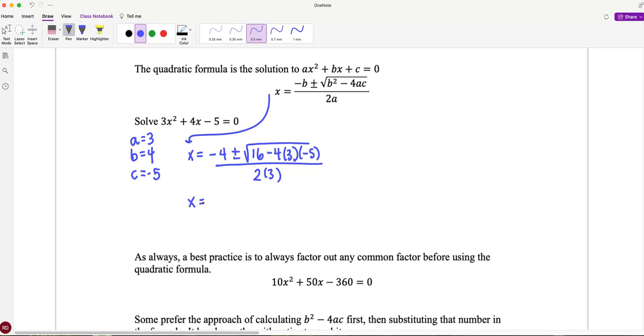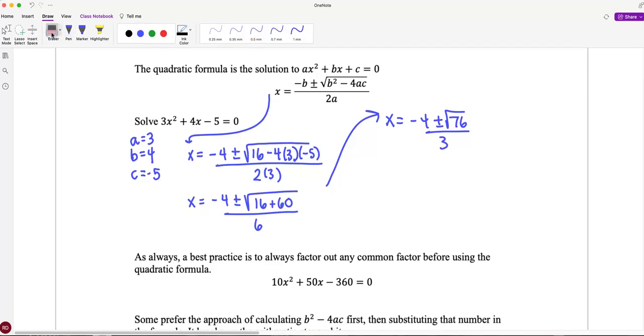So it's all arithmetic and simplification from here. Negative 4 plus or minus, this is 16 plus 60, over 6. So x is negative 4 plus or minus the square root of 76, over 6.